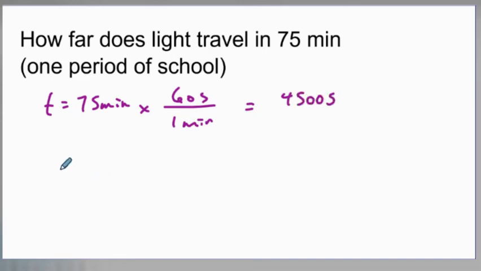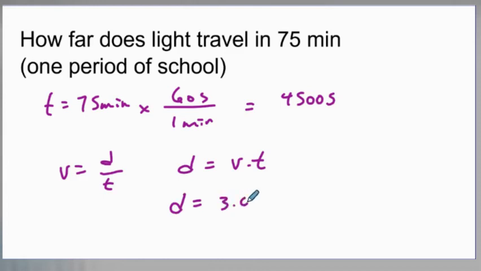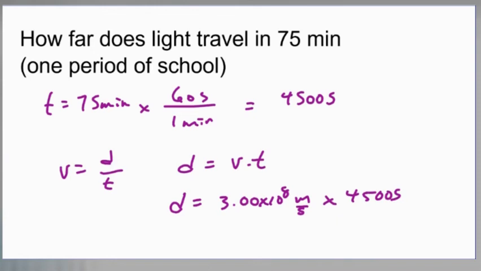So my velocity is distance over time, and if I want to know my distance, the distance will be the velocity multiplied by time. So the distance would be 3.00 times 10 to the 8th meters per second times 4,500 seconds.